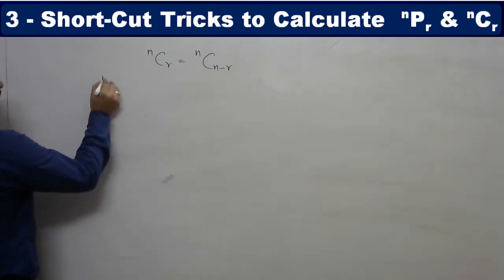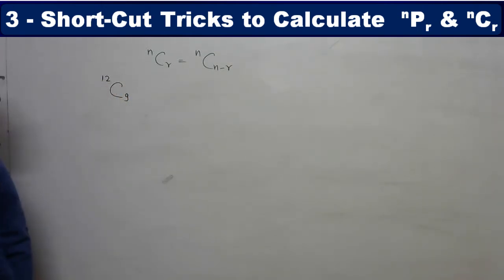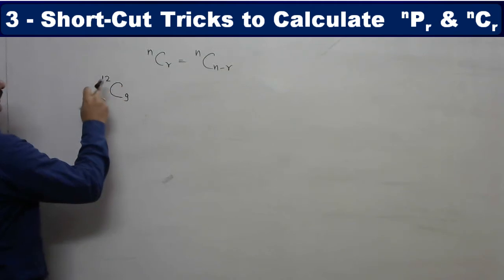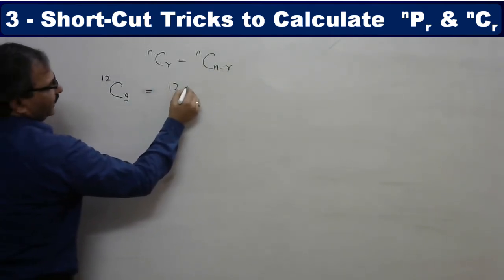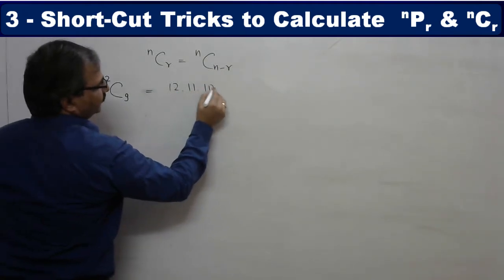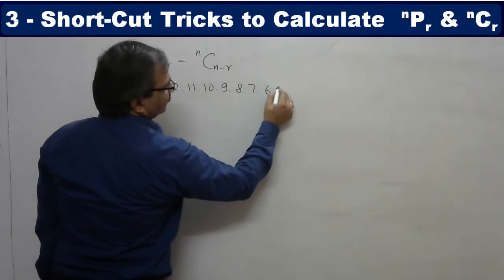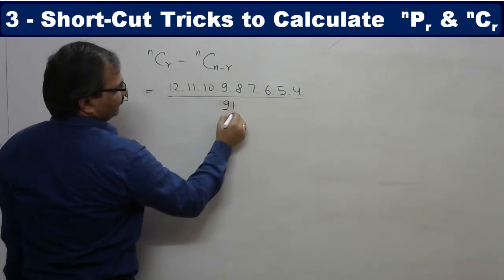Suppose you have to calculate the value of 12C9. Now, according to the formula that we have just studied, we will have to multiply 9 numbers in decreasing order beginning from 12 and divide by 9 factorial. And this will be a lengthy calculation. 12C9 will be equal to 12 into 11 into 10 into 9 into 8 into 7 into 6 into 5 into 4 upon 9 factorial.